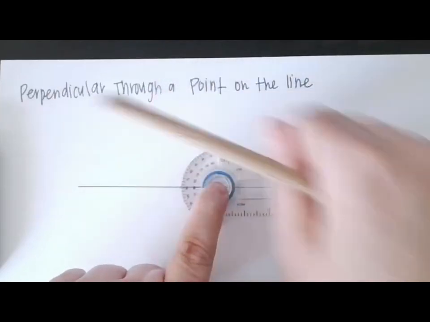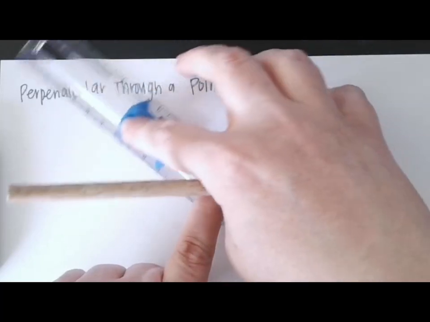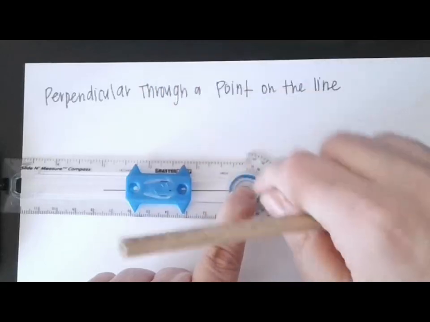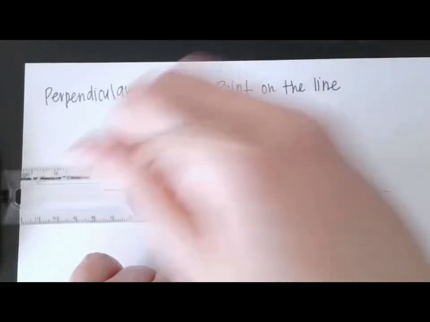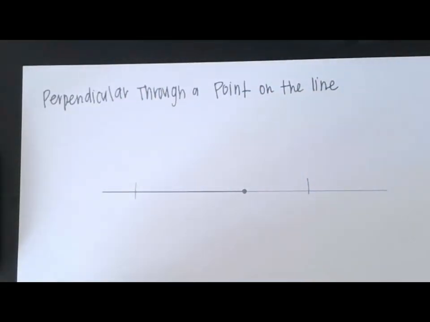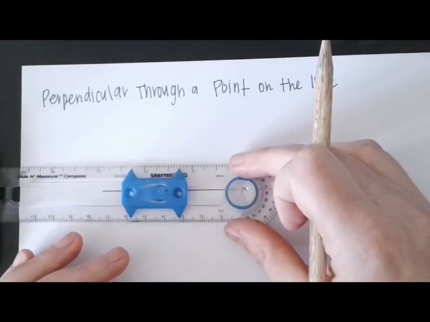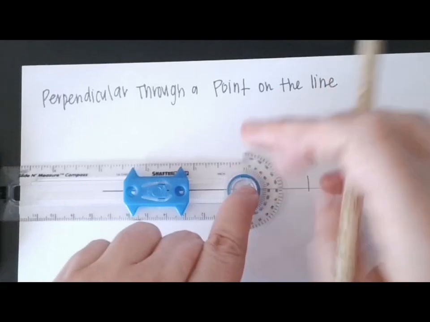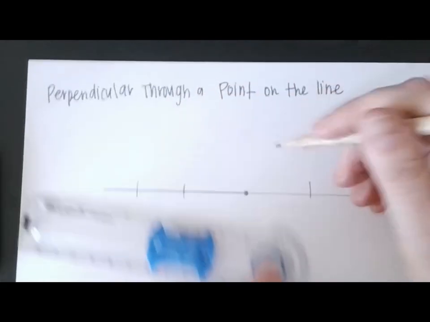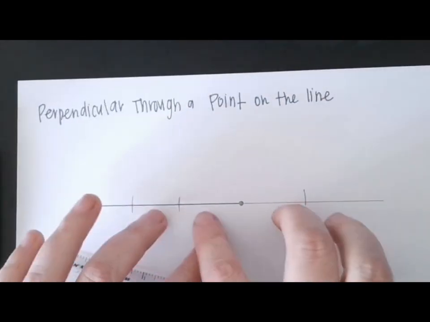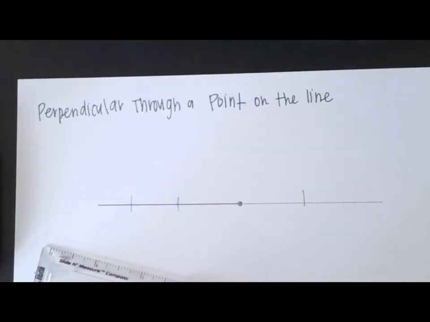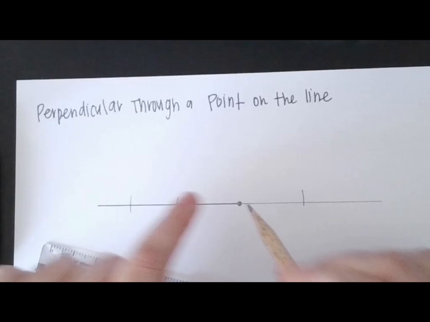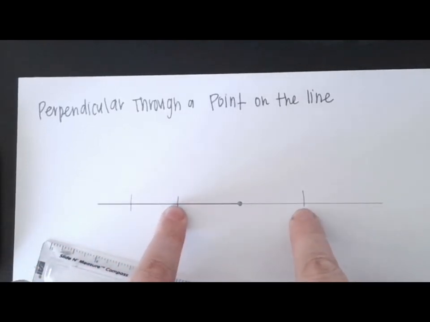You can draw the full circle or even just rotate this around to the other side without moving that center. Mark both sides. Except it looks like I did move it and I used the other side, so make sure that you are using the correct part. So I'm going to mark that. These two right here are the same size. So we know now that this is the midpoint of this line segment right here.